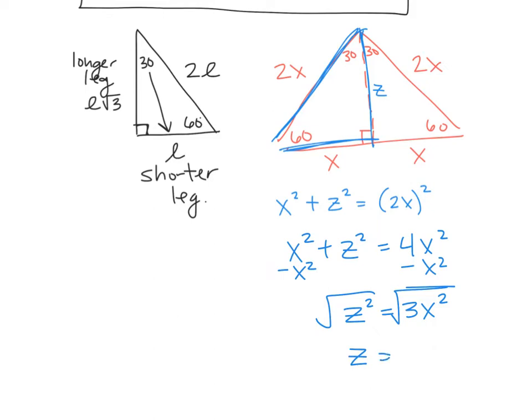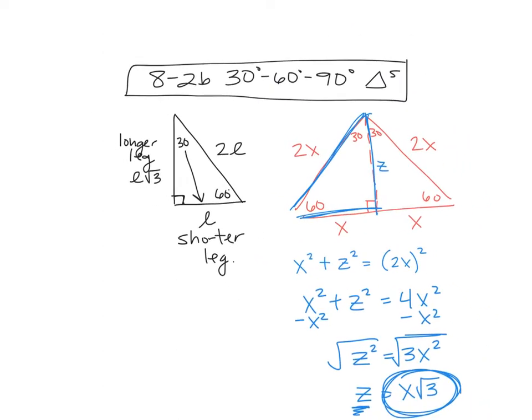The square root of 3 you can't do anything with, and x squared square rooted is just x. So it ends up looking like this, right? That means that the length of my longer leg is always the shorter leg times rad 3. So this setup will always work, where it's L rad 3, L, and 2L. 2L is always going to be your hypotenuse.